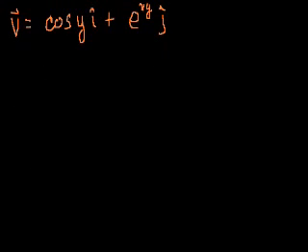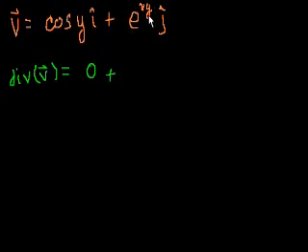So the divergence of v is equal to the partial derivative of this expression with respect to x. Well, what's the derivative of this with respect to x? If y is just a constant, cosine of y is just a number, so the derivative of this with respect to x is just 0.